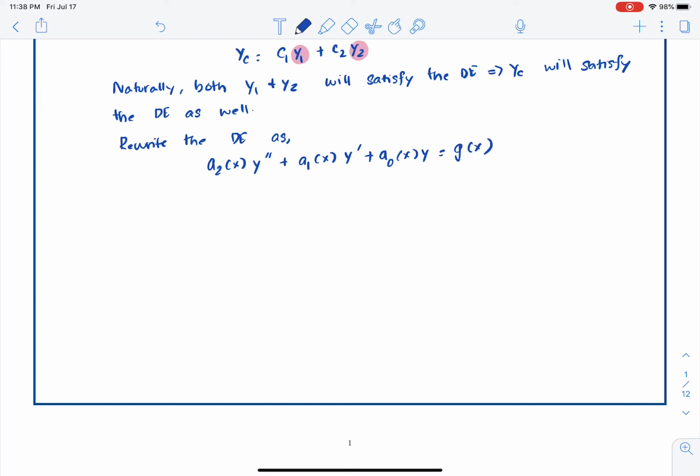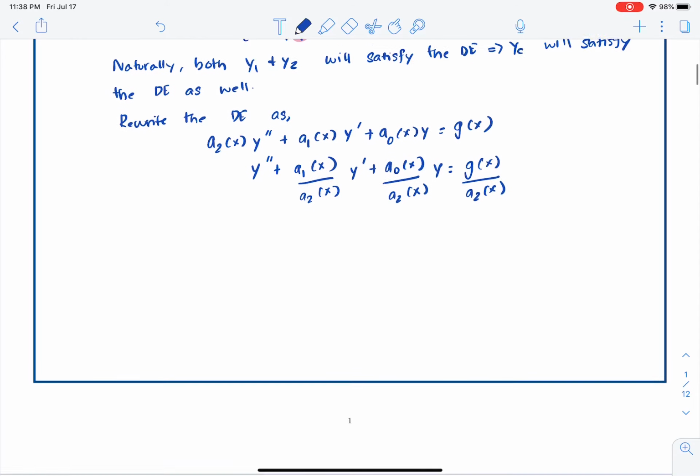Let's divide by a2(x). That would equal g of x by a2(x). This is quite important.